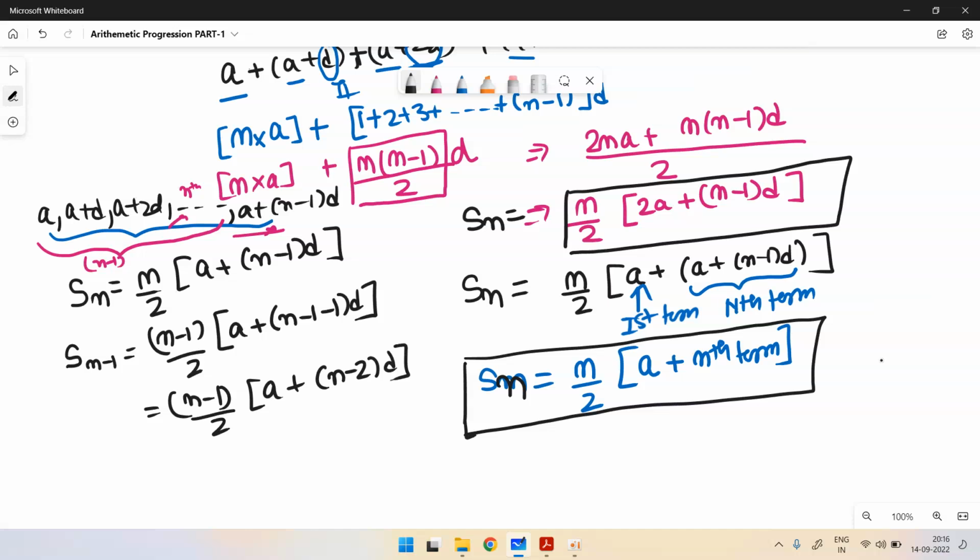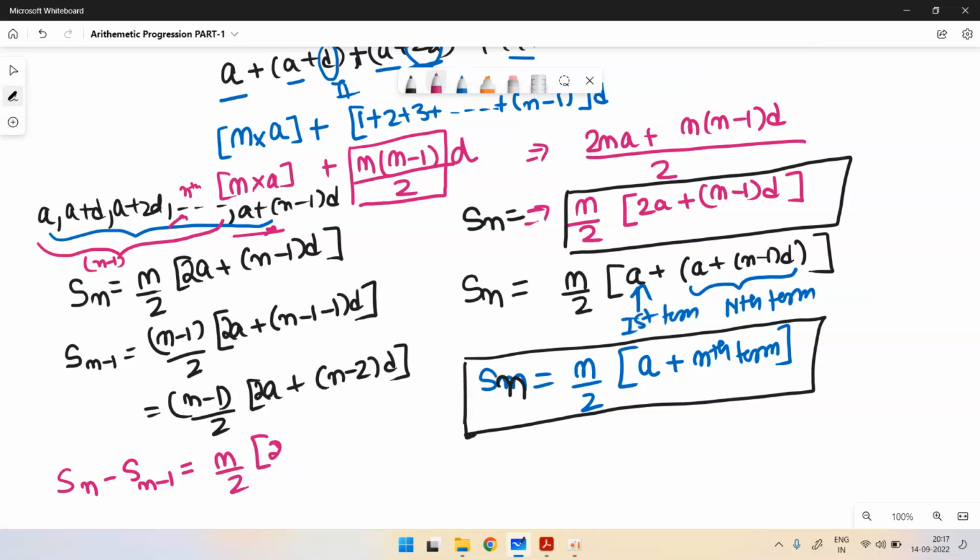Now, what if I subtract these two equations? Subtracting these two will give Sn minus S of n minus 1. What will it give me? If you write this, n by 2, sorry, this is 2, 2a plus (n minus 1)d.